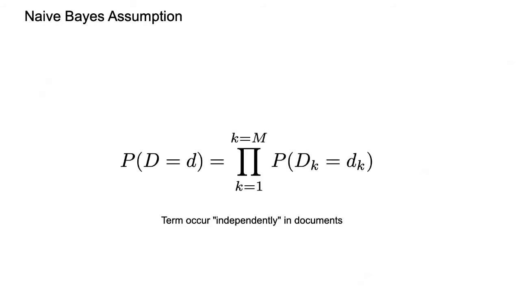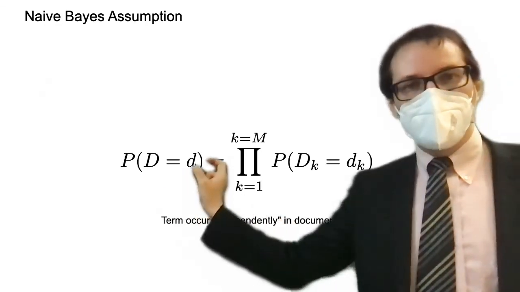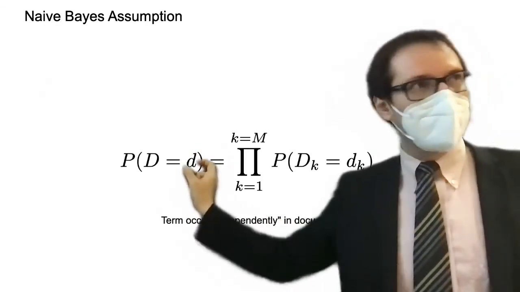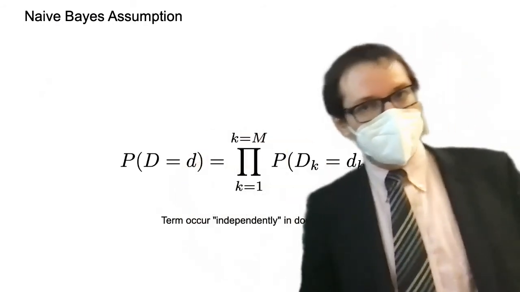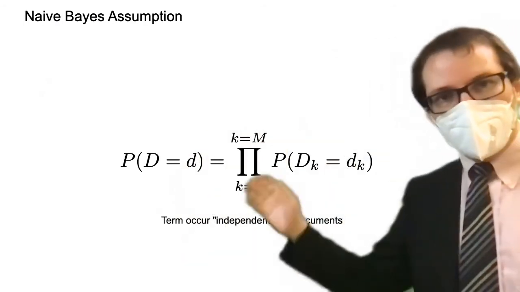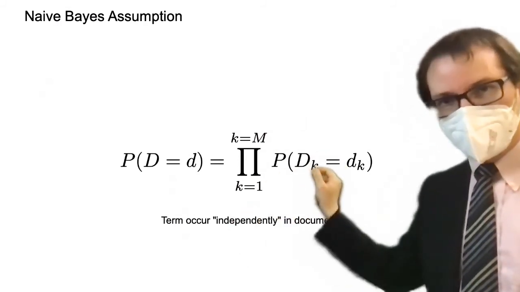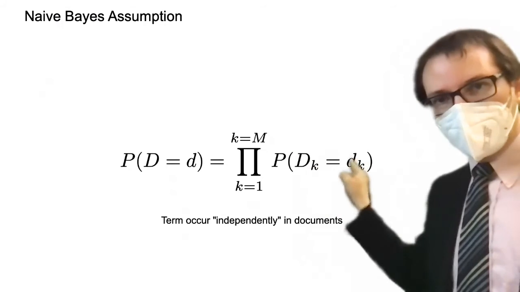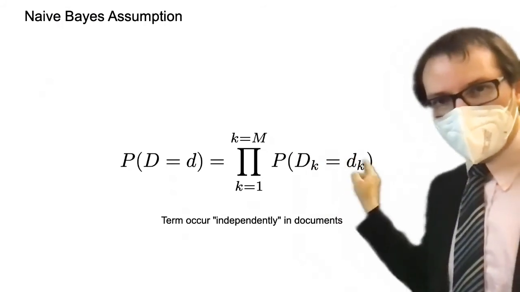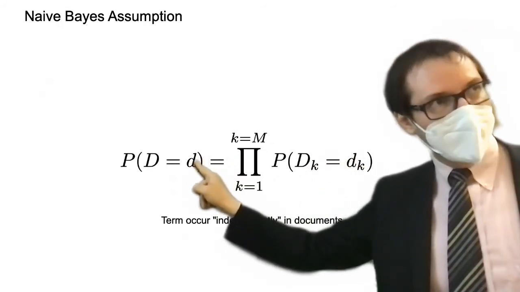So it means that we can decompose the probability that the document is this specific vector of Booleans, small d. We can express it as the product over all the terms of whether the document contains or does not contain term k. And where do we get that it contains it or not? From the original vector, right?